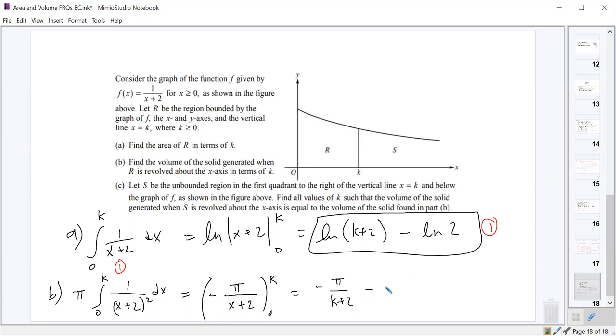Oh, sorry, minus negative pi over 2, so plus pi over 2. I can do arithmetic, yeah, plus. Minus a negative makes it plus. Negative pi over k plus 2 plus pi over 2.